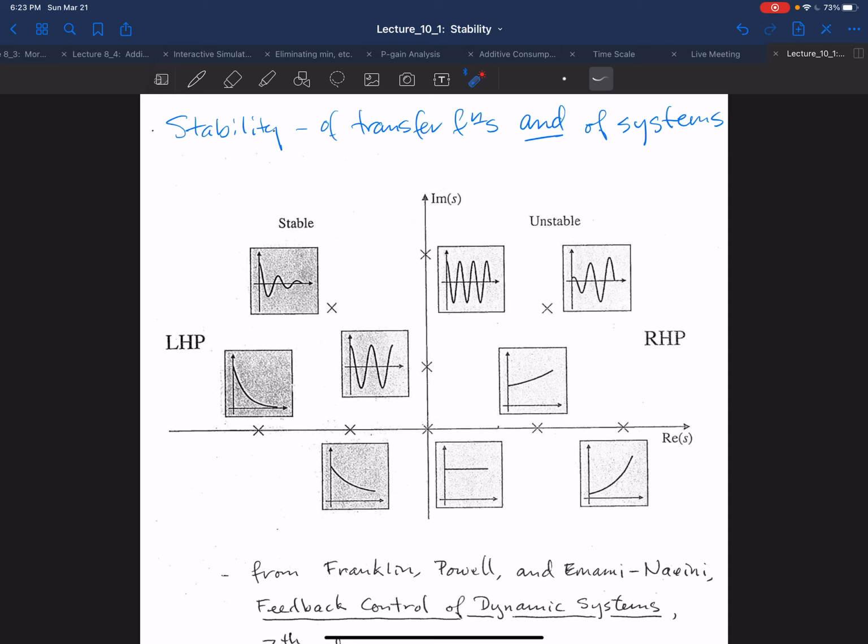And if it's right on the imaginary axis, we have an undamped sinusoid. The frequency of the oscillations is given by the imaginary part of the pole. So if we consider these two undamped examples, in this case, the pole is further from the origin, so the frequency of oscillation is higher than in this case, because again, the angular frequency of oscillation is given by the imaginary part of the poles.